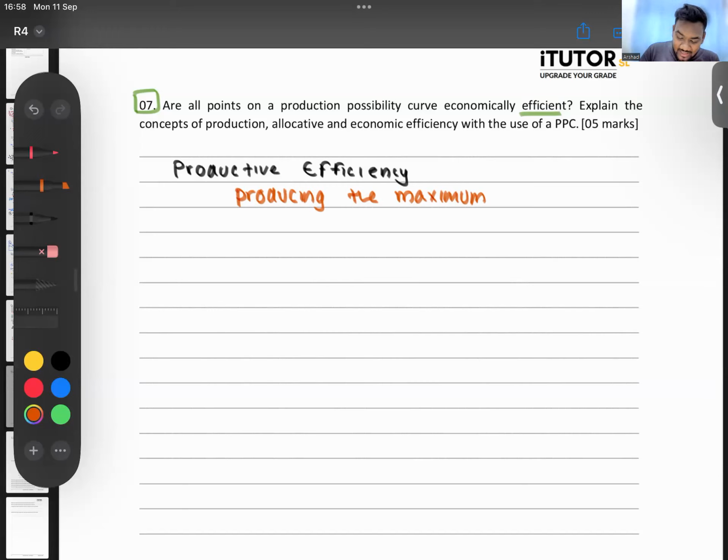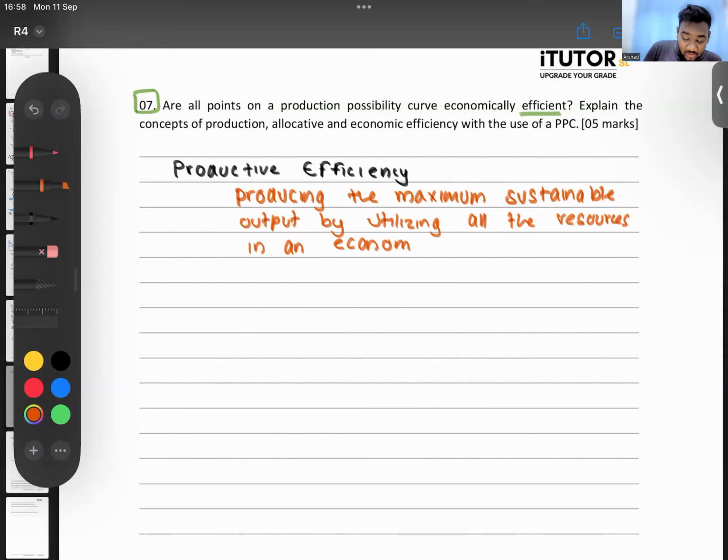So say producing the maximum sustainable output by utilizing all the resources in an economy. If you can produce the maximum sustainable output by utilizing all the resources in the economy, we call that productive efficiency.